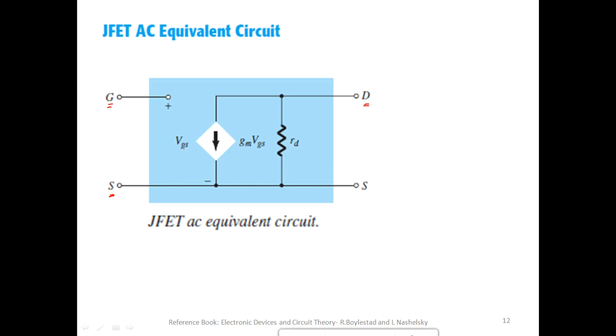But what about these terms, VGS, and this gm VGS, and then rd? Why are we representing these parameters in such a circuit, and why do we call this the JFET's AC equivalent model? Let's try to understand it.